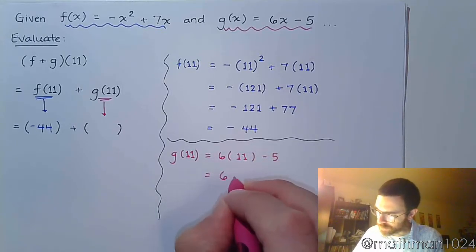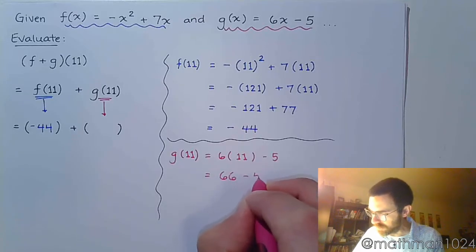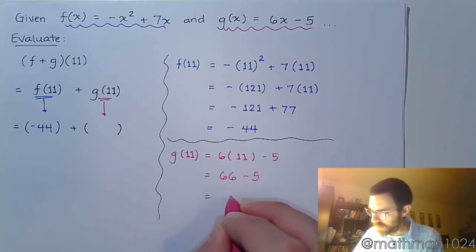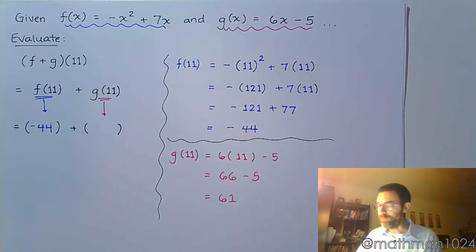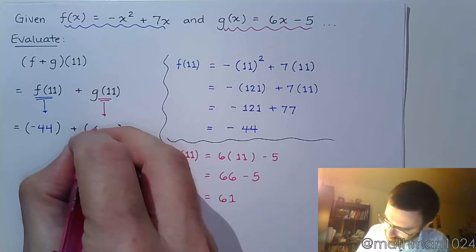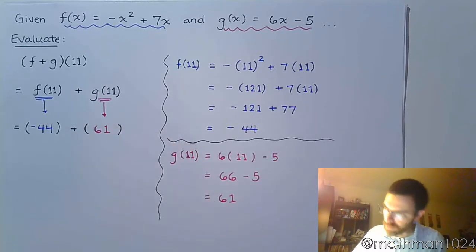All right, so 6 times 11 is 66, minus 5, and we get 61. Really not that bad. Evaluating functions really should be one of the easiest things that we do in this course. Plug in a number, do the math, and get your answer. So this 61 is this guy right there.